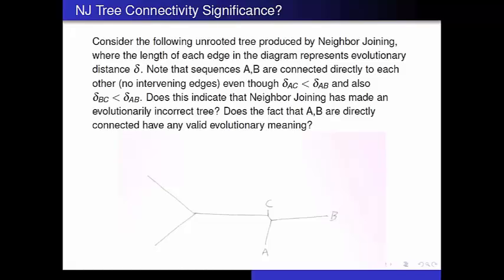And then there are some branching events that produce A, B, C. So the question is, does the fact that A and B are connected in this way imply that A branched from C longer ago than, say, A branched from B?